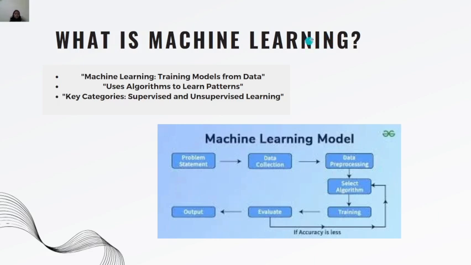First is supervised learning, which involves training a model on a labeled dataset where the input data has known output labels. Next, we have unsupervised learning, which involves training a model without labeled output. The goal is to find hidden patterns or structure.